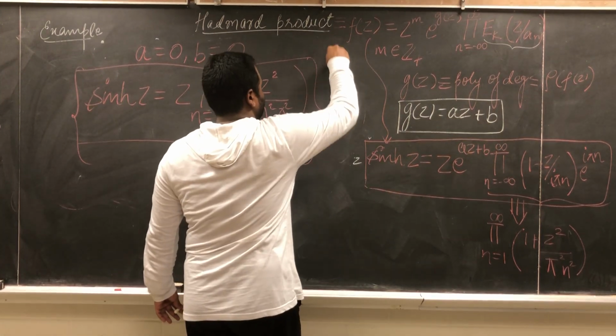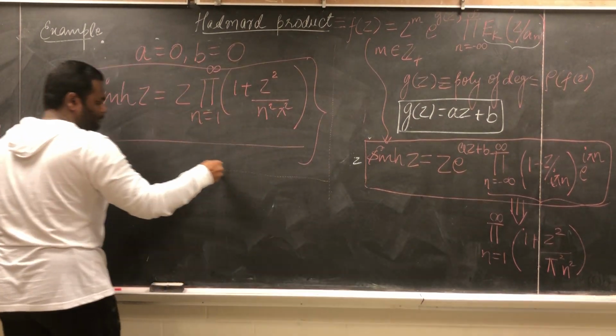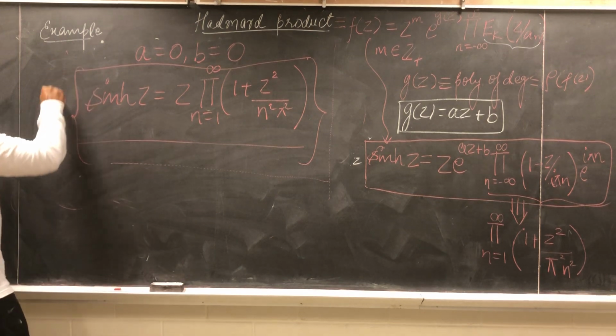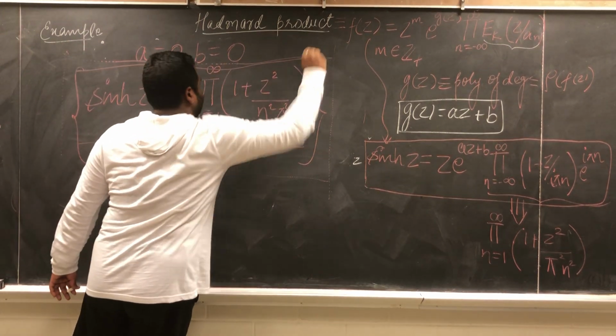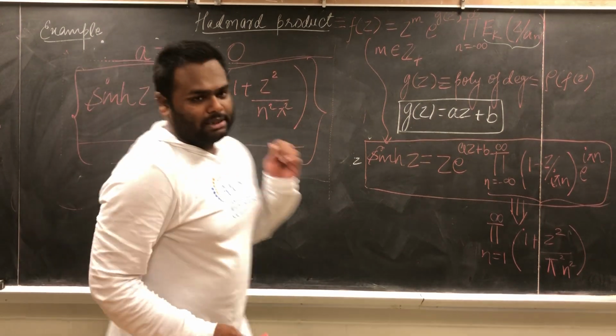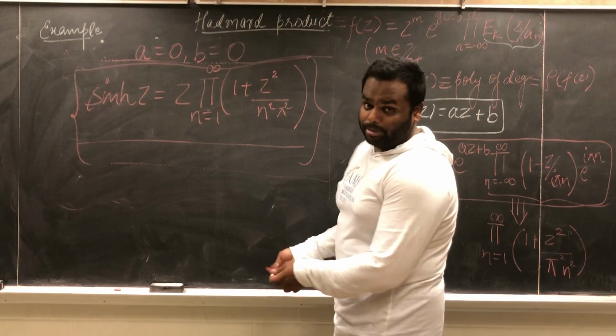So this is the infinite product or Hadamard product for sine hyperbolic of z.